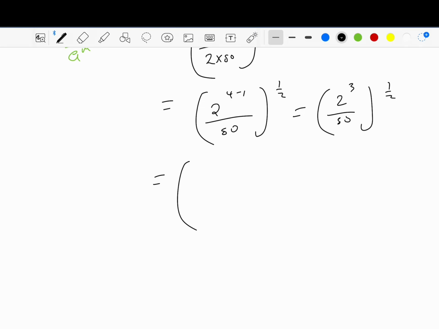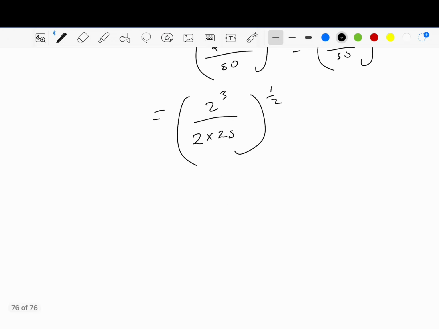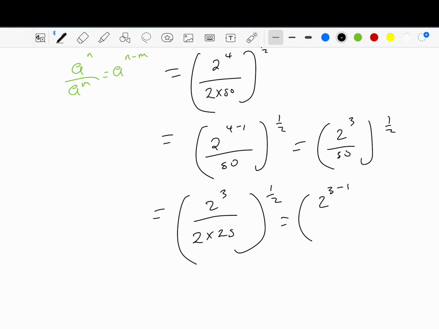Now, 50 also, you can actually do something with 50. 50 is 2 times 25. Do you agree? So it's 2 power 3 over 2 times 25. You're doing the same thing, right? This is 2 power 3 minus 1, so you're applying the same rule, over 25.